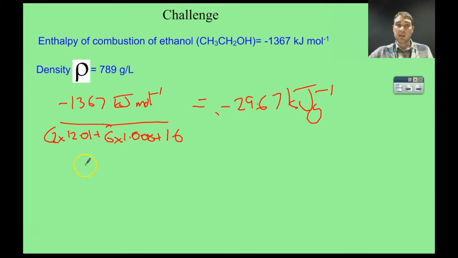Let's calculate the energy density per litre. So we're going to take the 29.67 and multiply that by a density. In this case it's nice and easy because our density is in grams per litre. Our unit is already in grams here, and because our density is in grams as well, we just need to multiply those two together and we get our answer in kilojoules per litre, because there is this many grams in a litre of ethanol.